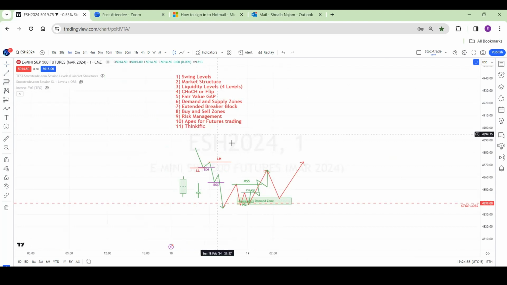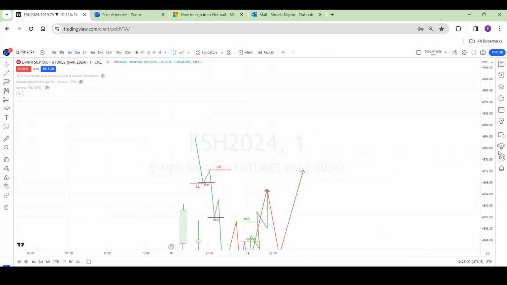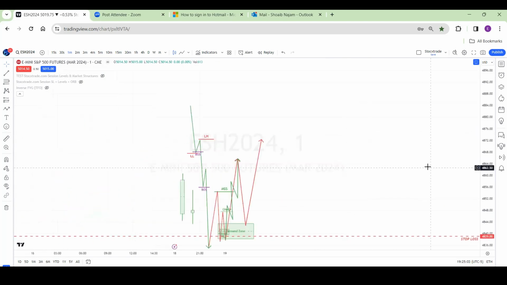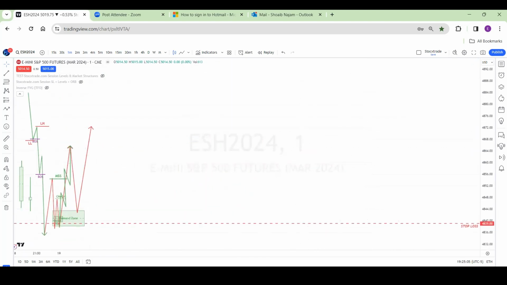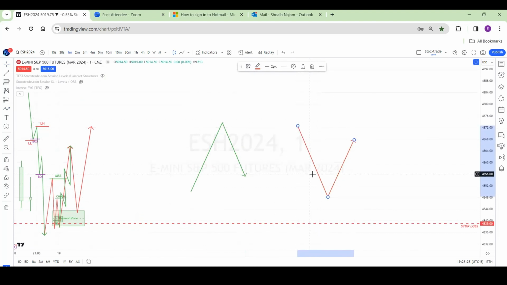So, what are the swing levels? The first point. If the price shows you like this, what is this? This is a swing high. And if the price shows you a pattern like this, it is basically a swing low.